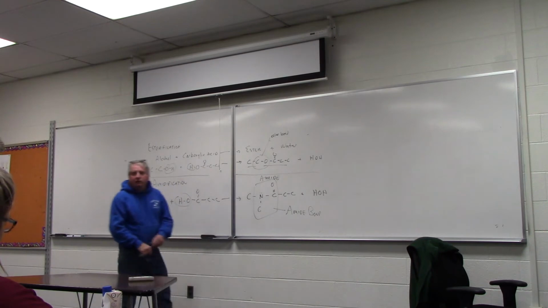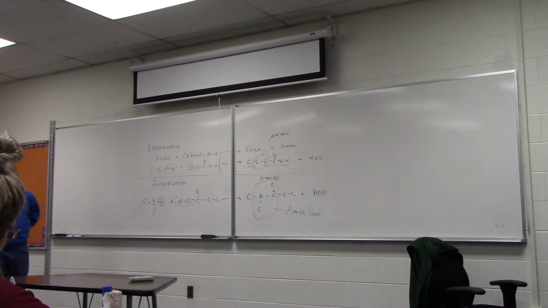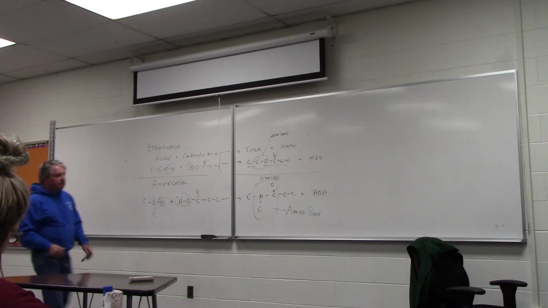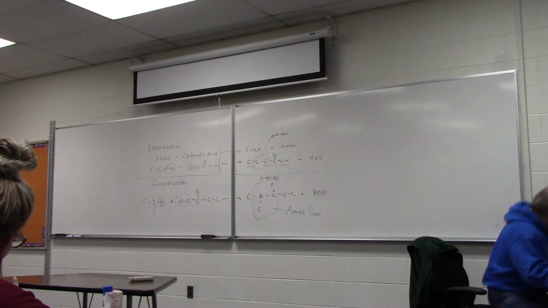All right. So what you do is you make an amide, and what holds it together is an amide bond. Okay. So that's all you have to know about amines right now. But we're going to apply it to proteins. It's key.